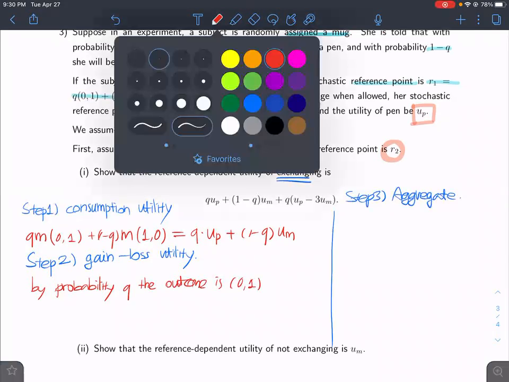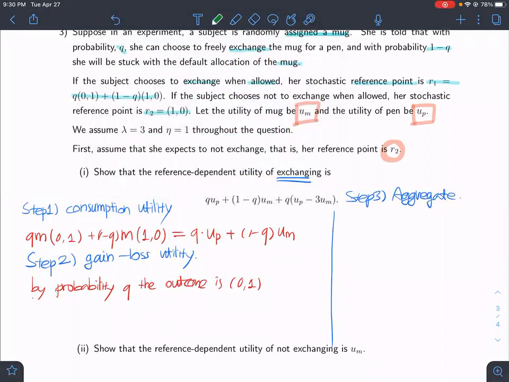To highlight this fact, let me use color green. The reference point is (1, 0), which is R2. So we need to find where the reference point is different from the outcome. Okay, so we found such a case.